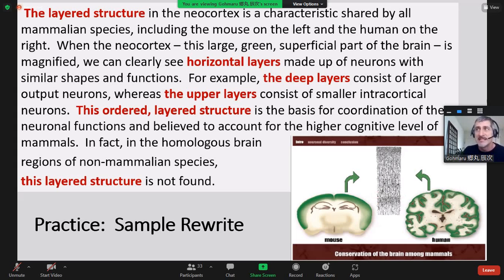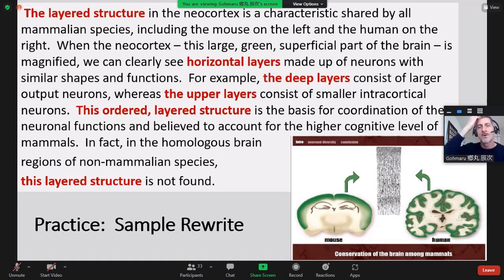For example, the deep layers consist of larger output neurons, whereas the upper layers consist of smaller intracortical neurons. This ordered, layered structure is the basis for coordination of the neuronal functions and believed to account for the higher cognitive level of mammals. In fact, in the homologous brain regions of non-mammalian species, this layered structure is not found.